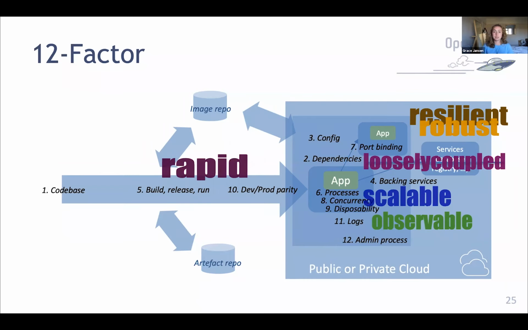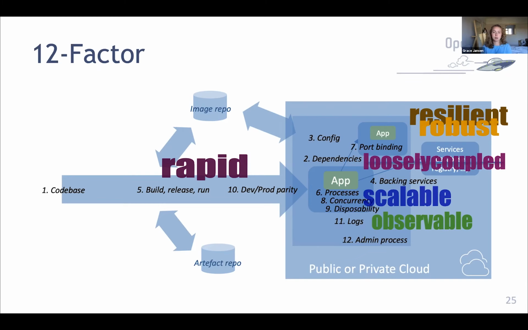Enabling observability through logs, enabling scalability, for example, within our application itself, making sure that the components of our application are loosely coupled by having that external configuration, for example, and ensuring that we don't have dependencies tying the components of our application together and coupling them again.